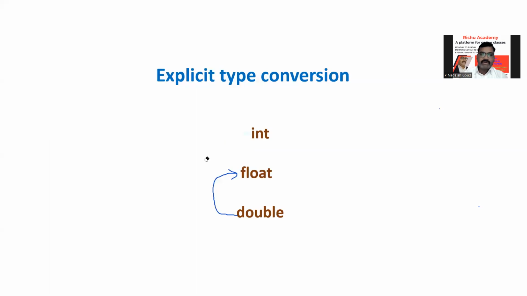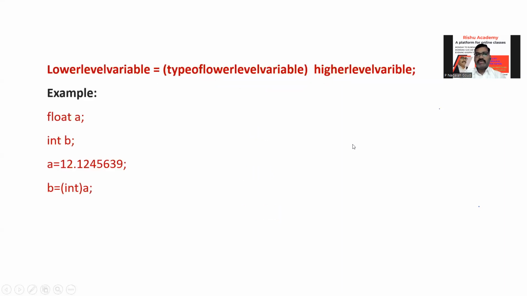Look at the example, the general syntax, how to convert the higher level variable into lower level variable. You need to write the lower level variable name here, which is equal to, in the bracket, the type of lower level variable.